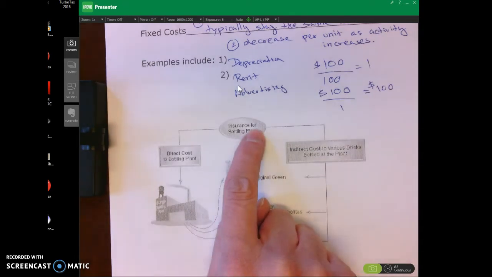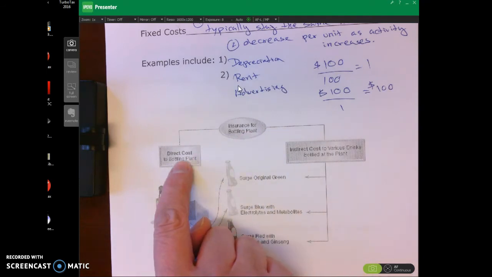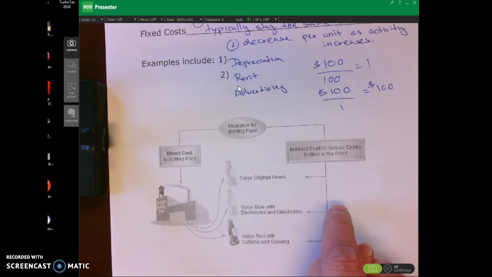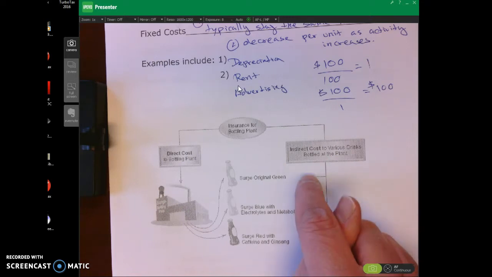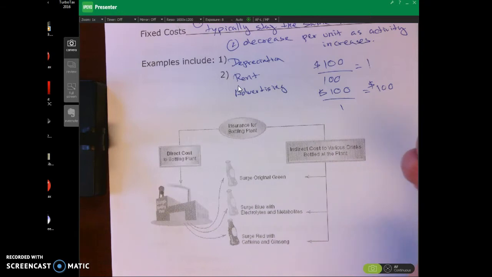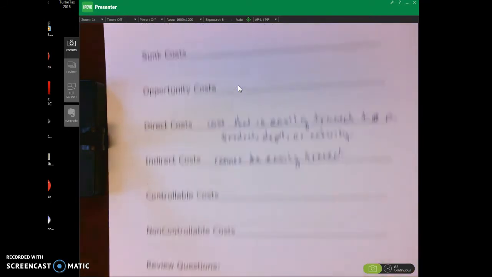Utilities costs for the apartment are directly traced to the apartment, but it's very difficult to directly trace each utilities cost to each roommate. So what do you do? You just typically split it evenly, rather than saying, oh, you used the light for this much time, you used the computer, the TV for this much time, and then trying to directly trace it like that. It's very difficult to do that, and so what we do is we assume that's an indirect cost. Okay? That would be an example of an indirect cost.